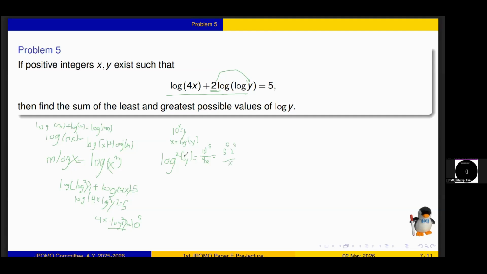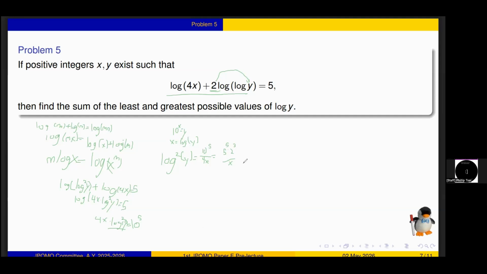Well, in that case, since x is a positive integer, if you plug in a positive integer here, then log of y cannot be a rational number unless log of y is an integer.